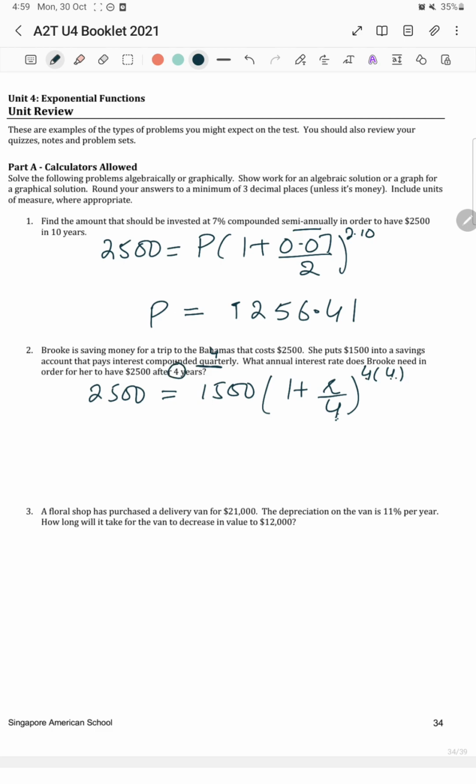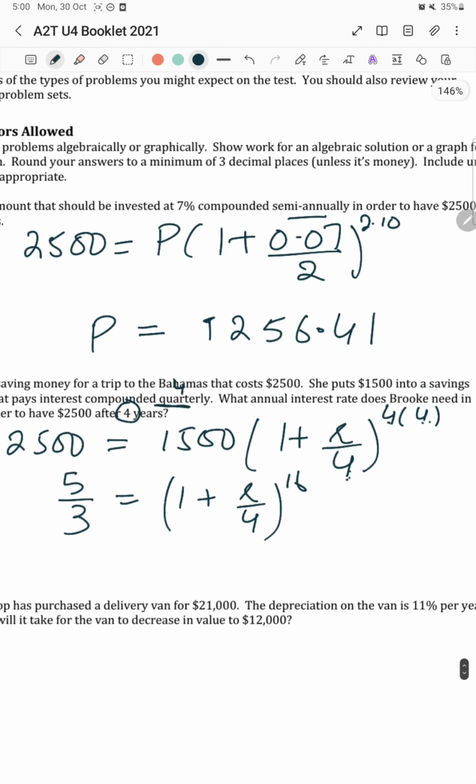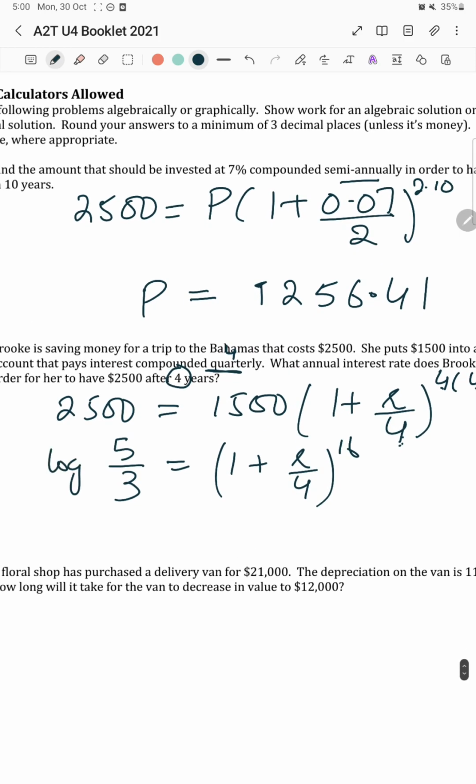4 years into 4. So after solving this, I will get 5 by 3, which is equal to (1 + R by 4) to the power 16. And now we will take log on both sides. So it's going to be log 5 by 3 (0.221), which is equal to 16 log(1 + R by 4).